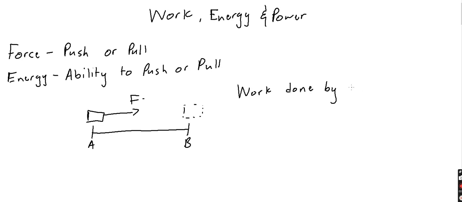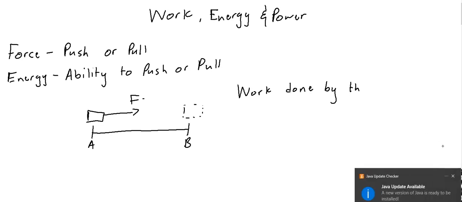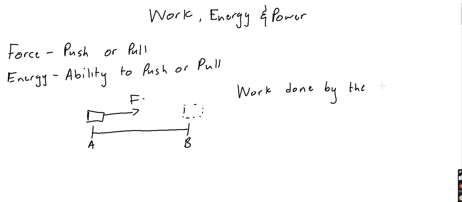Work done by the force will be defined as WF is equal to the force F itself multiplied by the displacement over which it travels, this displacement here from A to B, right?